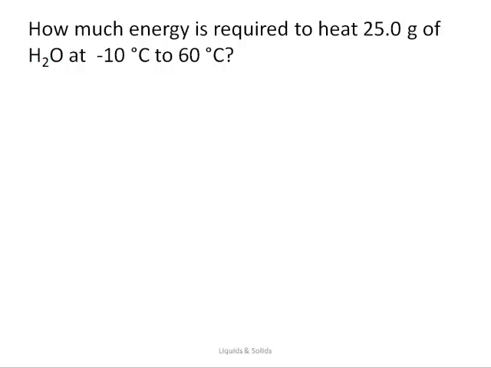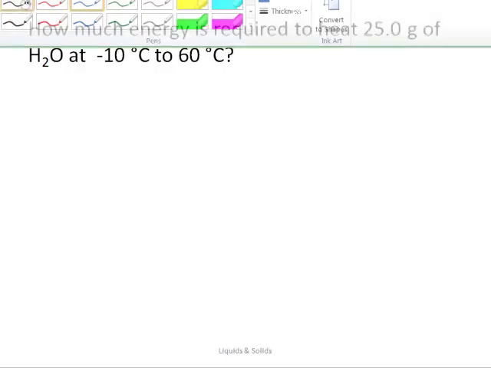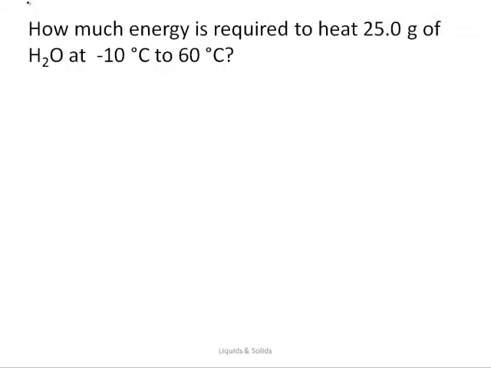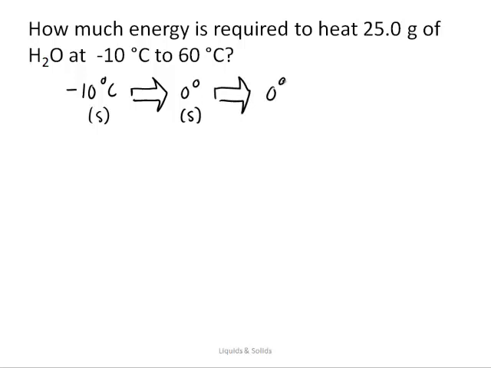Okay, so let's think about the calculations that we're going to need to do. We're going to take negative 10 degrees Celsius water. It's in the solid phase. The first thing we need to do is heat it up to 0 degrees Celsius, and it's still in the solid phase. Then you're going to calculate the energy needed to take water at 0 degrees Celsius and convert it to liquid phase.